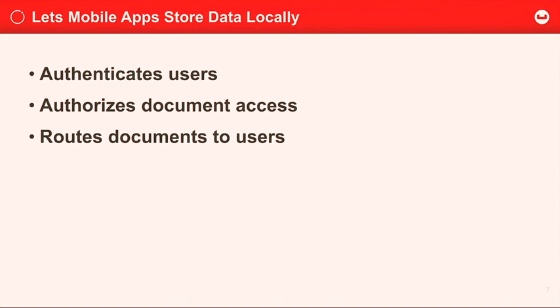It has to authorize document access so that those users only access documents that your application logic says they should have access to. And Sync Gateway also is responsible for routing the right documents to the right users and routing documents between users if it's a social app where you're sharing certain data between certain users.